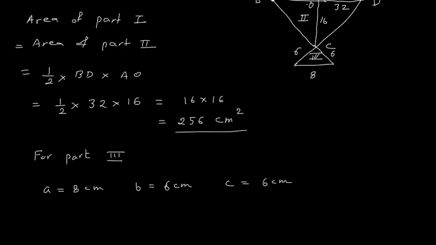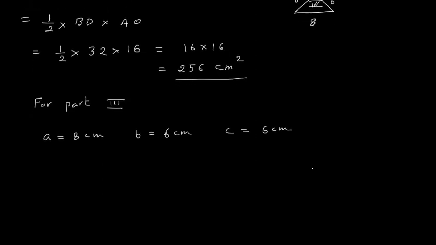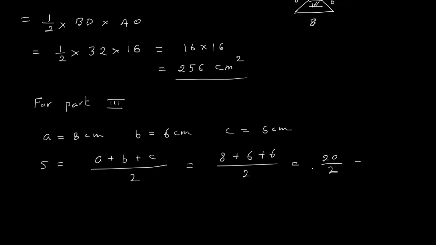Now here I will first find S. S is equal to A plus B plus C divided by 2, which will be 8 plus 6 plus 6 divided by 2. So 6 plus 6 is 12, 12 plus 8 is 20. So 20 divided by 2 is equal to 10.